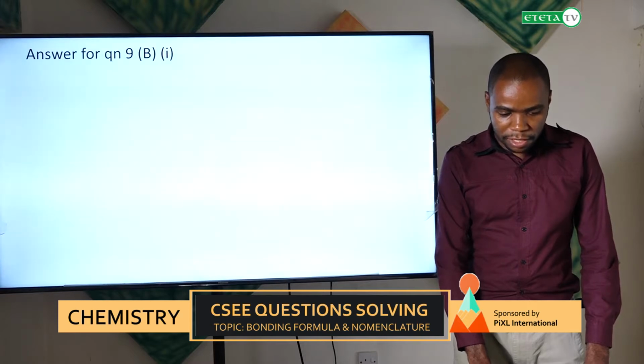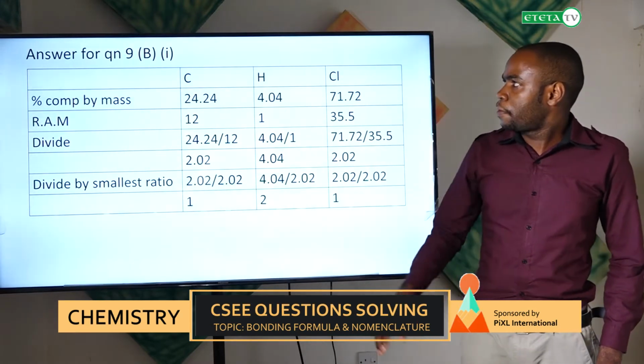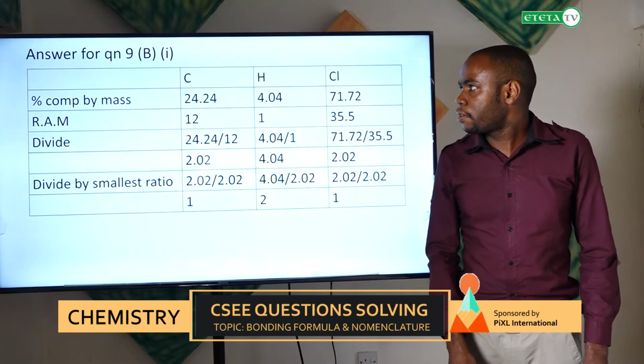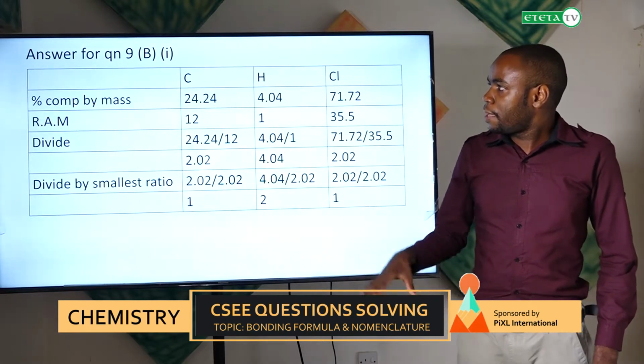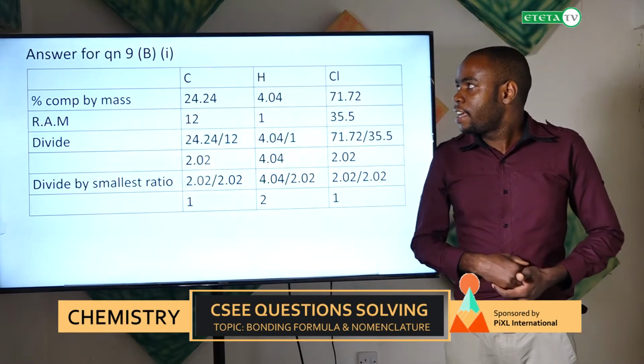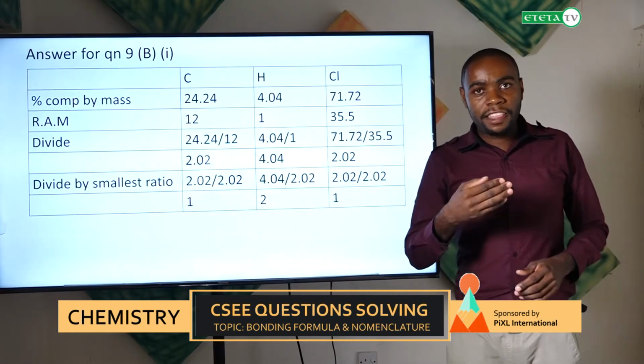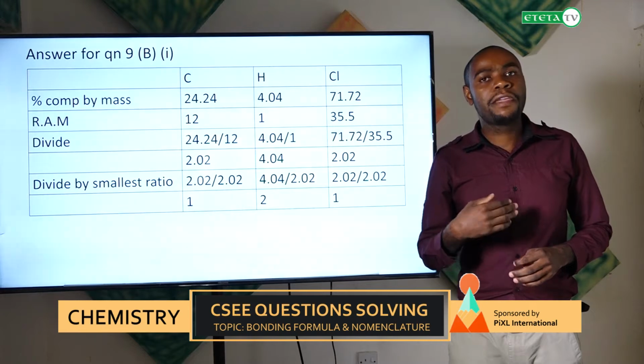So let's start with the answer for question number 9B, Roman 1. The table here shows the procedures for finding the molecular formula. You can't find the molecular formula if you don't have the empirical formula.